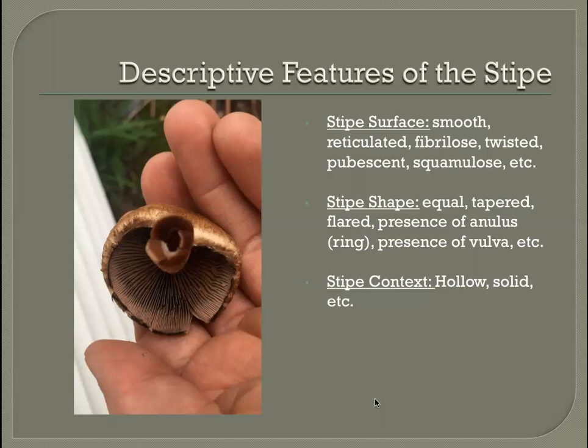And some of the descriptive features of the stem or the stipe is that they could be smooth, they could be reticulated with what looks like spider web features that won't brush off, fibrillose, they could be twisted, they could be equal, they could be hairy, they could be fuzzy, and there's distinct words that describe that, and you'll see them on mushroom annotation sheets and in the guides that you look through to identify mushrooms.